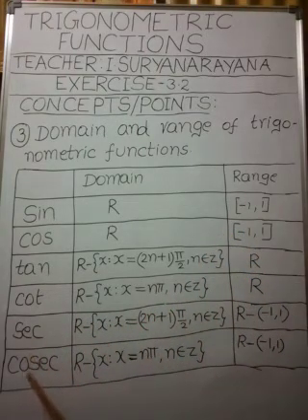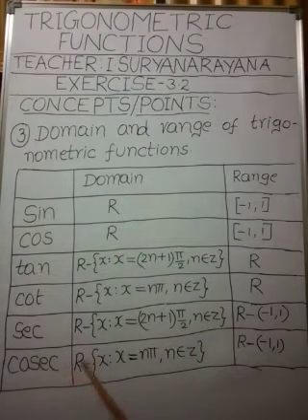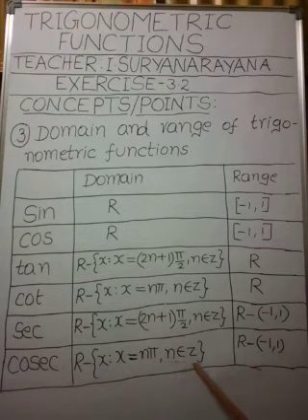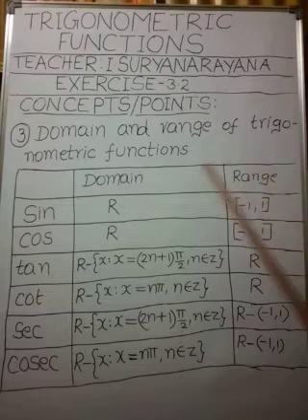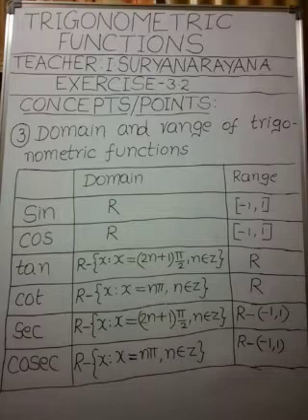And last one, cosecant function: domain is R minus the set of all x such that x is equal to n pi, n belongs to Z, and its range is R minus open interval -1, 1. Okay, my dear children. Remember this table, my dear children. This table is very useful in future also.